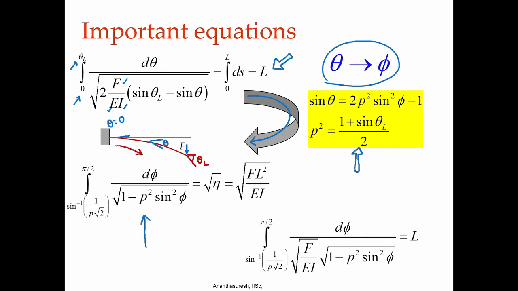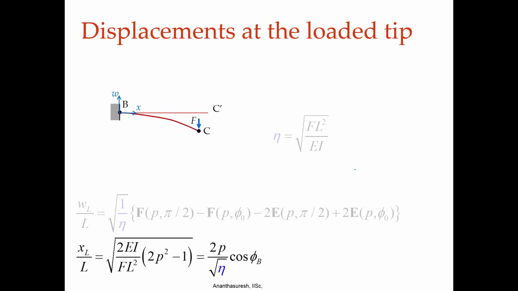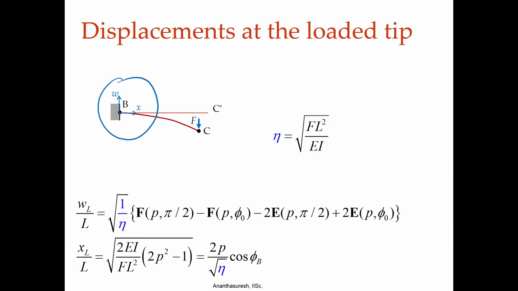We also did the following: if I indicate this as the w axis and x axis as shown over there, then w L by L and x L by L are measured from the original beam to the deformed one, that is w sub L, and x L is from there to here.